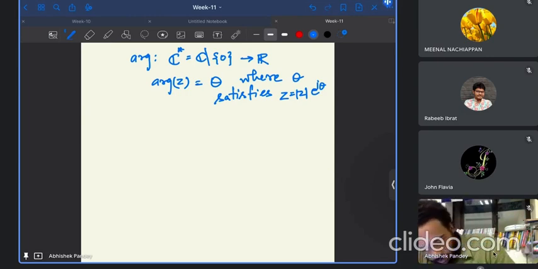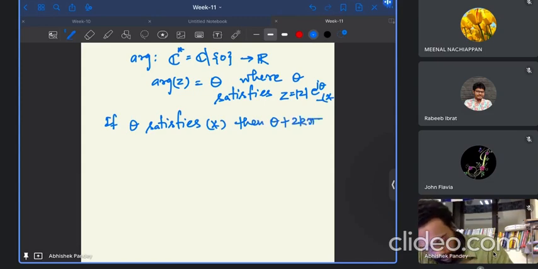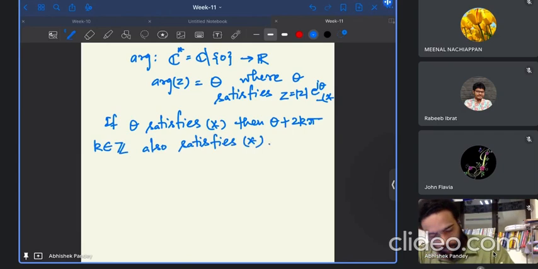So if theta satisfies this, let us say this one as star, then theta plus 2k pi, where k belongs to the integers Z, also satisfies star. So basically it is not a function.